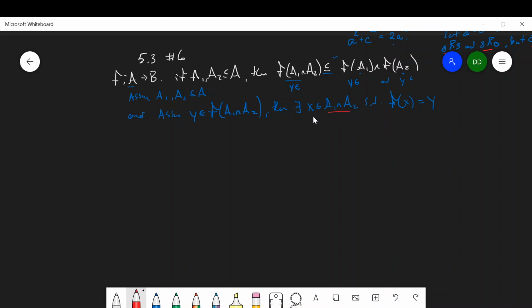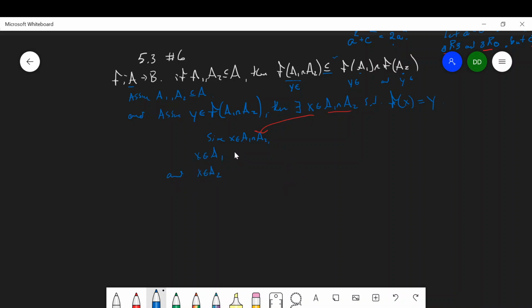That follows from this, since x is in A1 intersect A2, x is in A1 and x is in A2, using the definition of intersection.